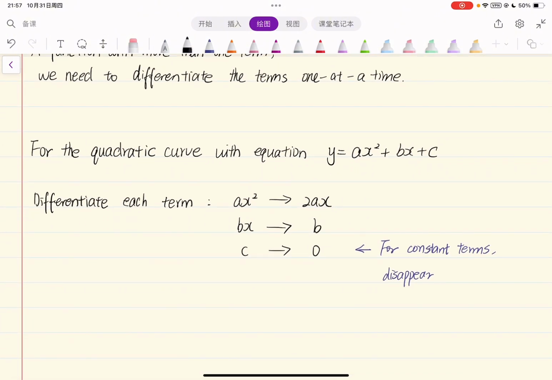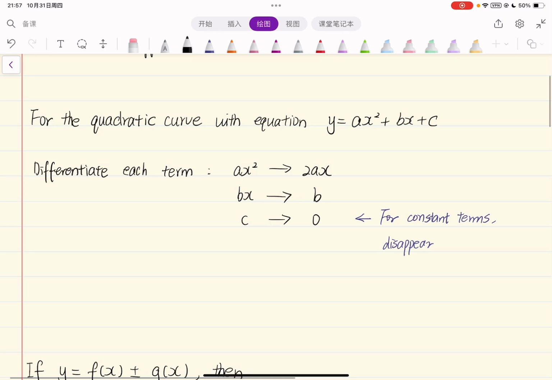So the derivative of y equals 2ax plus b plus 0. That equals 2ax plus b for the quadratic equation.